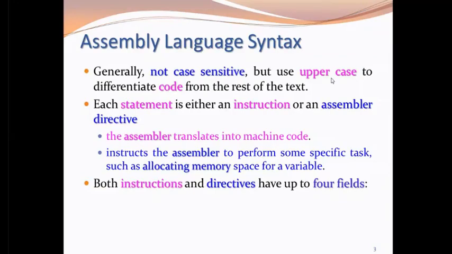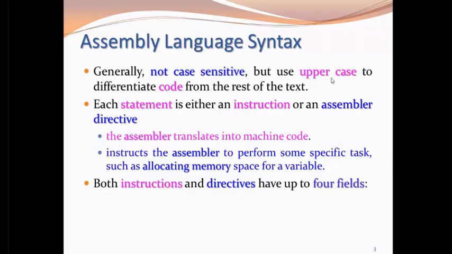But if it is an assembler directive, that means it always gives some guideline or some command to the assembler to execute some particular job. That is the main responsibility of the assembler directive. Is that clear? If it is an instruction, it needs to be converted or translated into the machine code.